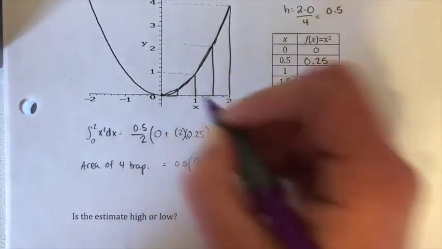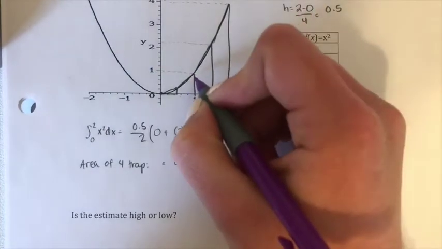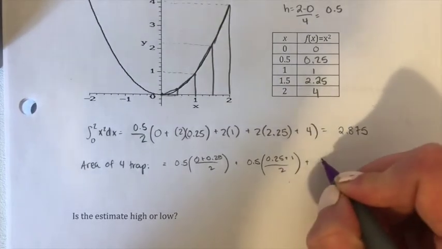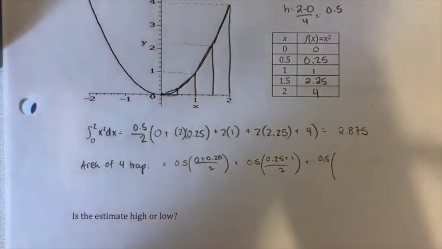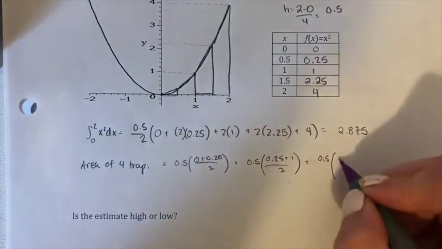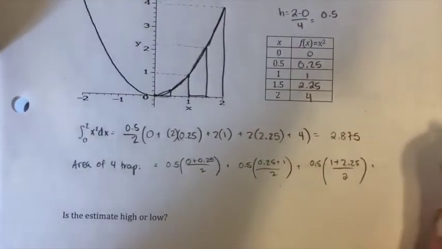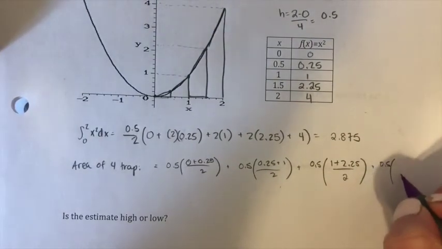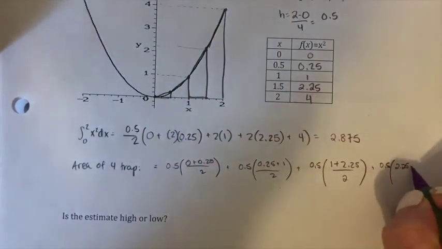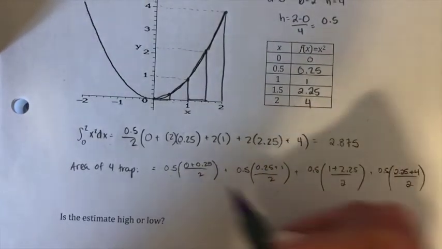And then the second trapezoid would be the 0.5, the 0.25 plus the 1 divided by 2. Third trapezoid would be the 0.5 and then 1 plus 2.25 divided by 2. And then the last one would be 0.5, 2.25 is that starting point, and then 4, and we want the average of that, right? So this is width times height for all of them.